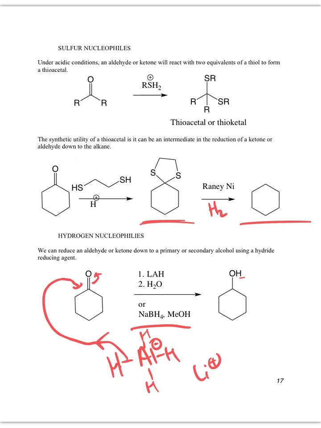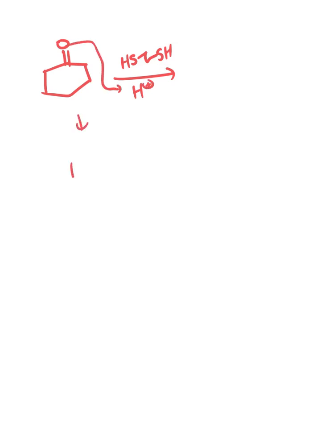But it's just the refresher from what we did on test 1 with the reduction of ketones and aldehydes to alcohols. Paige, come in and draw a mechanism with the formation of the dithiane. So we have to protonate our carbonyl first. Then our sulfur adds in, and it doesn't have to be the 1,2 on the ethane.